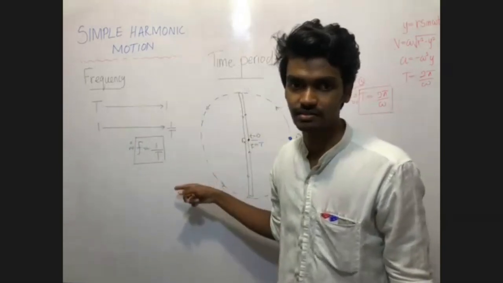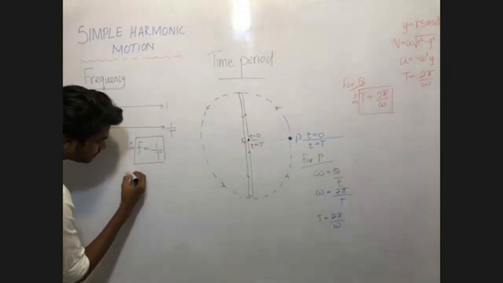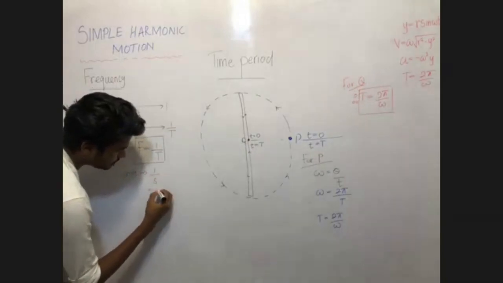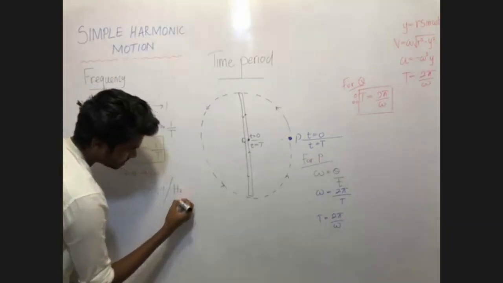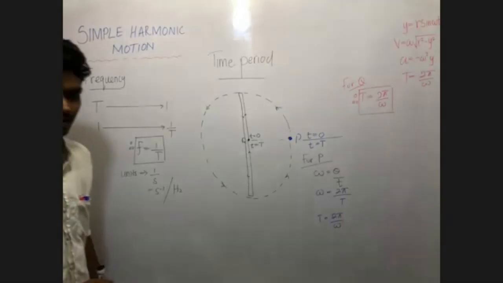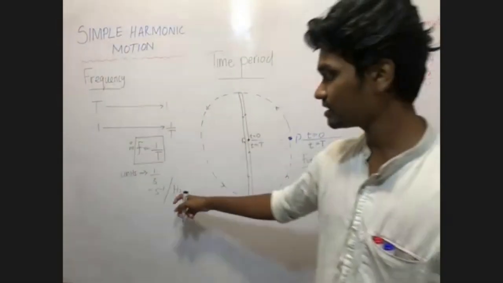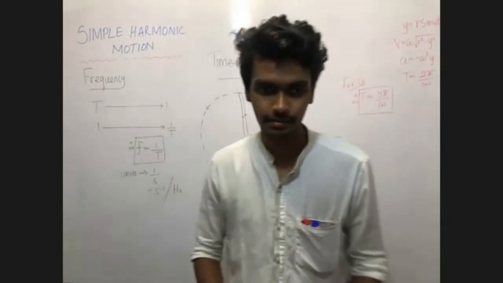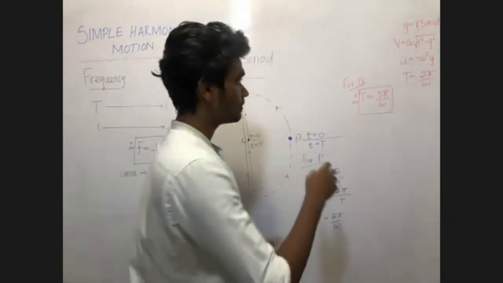The unit of frequency is 1 over second, per second, which for convenience is represented as hertz. So that is pretty much it for frequency.